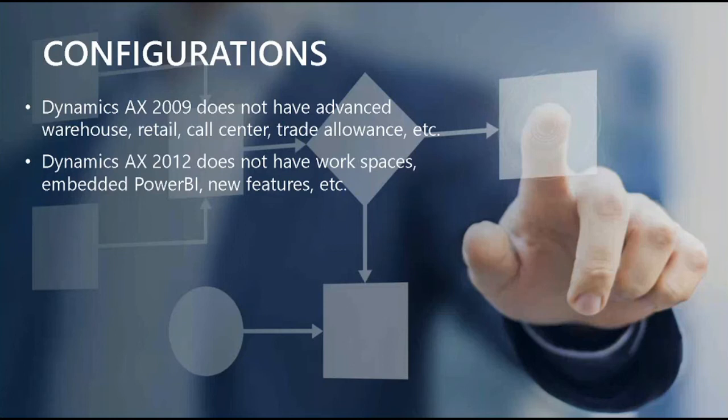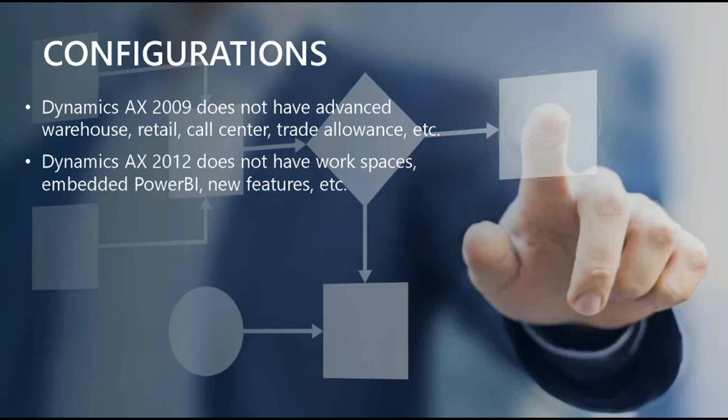There have been significant enhancements on the application, such as we now have an advanced warehouse solution. We have full retail solution, call center, trade allowances, and many more things that also apply on 2012. For example, workspaces, embedded Power BI, and new features are streaming literally on a quarterly basis. For example, we have new vendor collaboration tools.